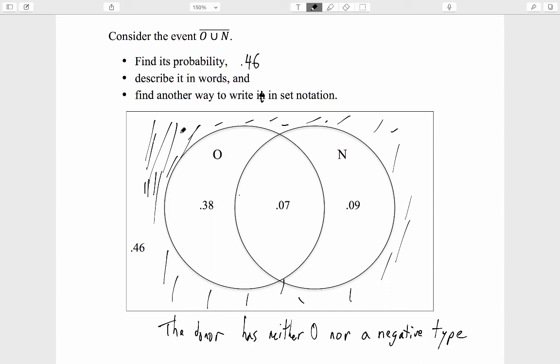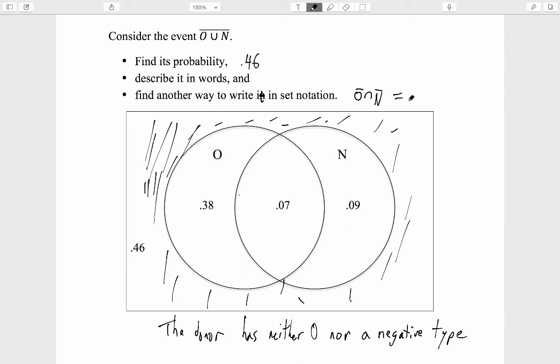Finding another way to write this event in set notation is also not so bad, but only because we have already drawn the shaded Venn diagram. That makes it much easier. We see that we've already thought about this event. This is the event O complement intersect N complement. This event corresponds to one basic region of the Venn diagram, and we know how to describe single basic regions of the Venn diagram.